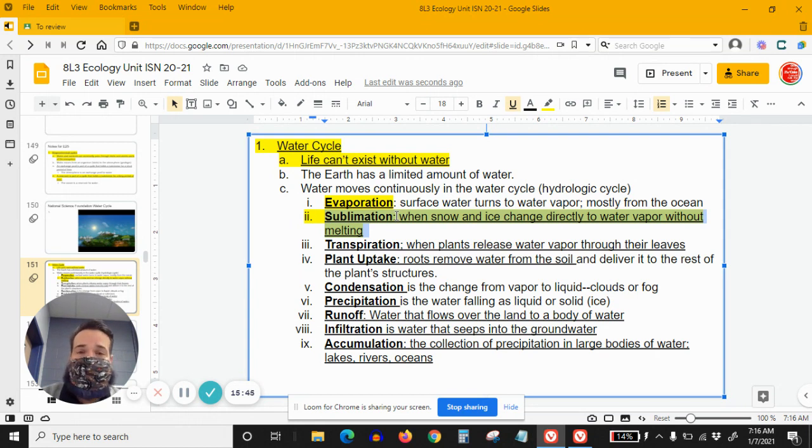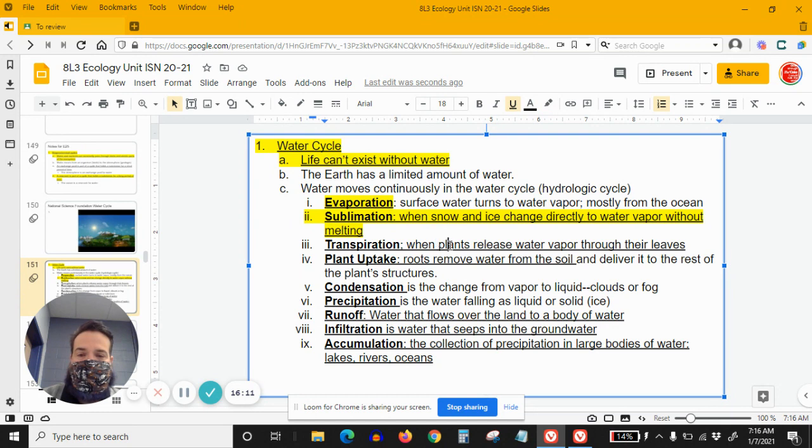This is what dry ice does. Okay, so that's that. I said that wrong. I apologize for totally tricking you with the wrong definition there. Yes, sublimation is the change from a solid state to a gaseous state.